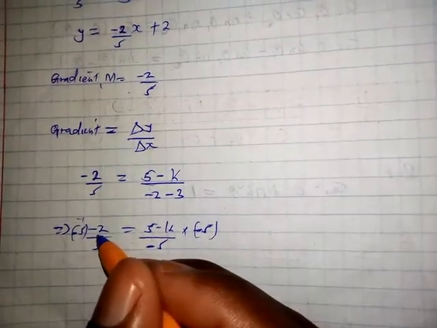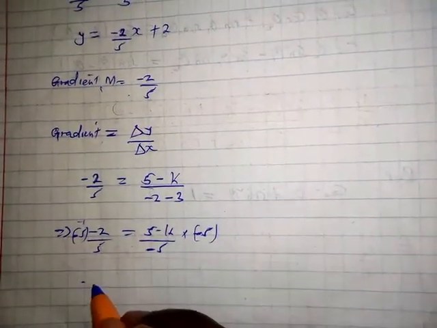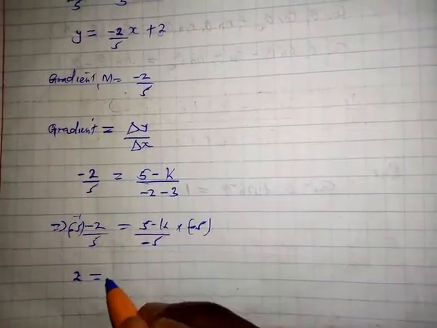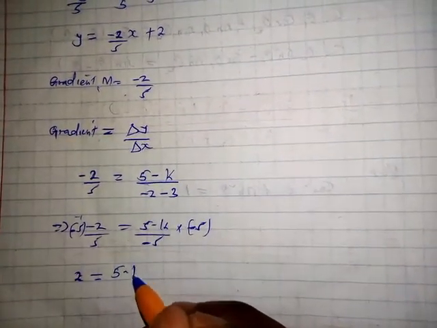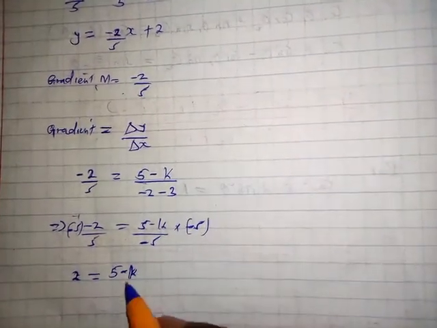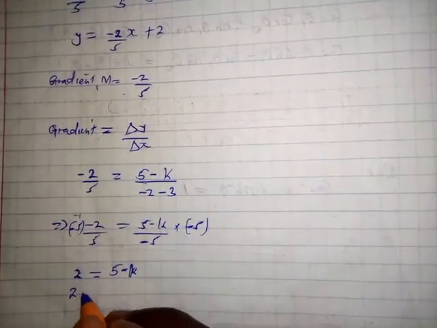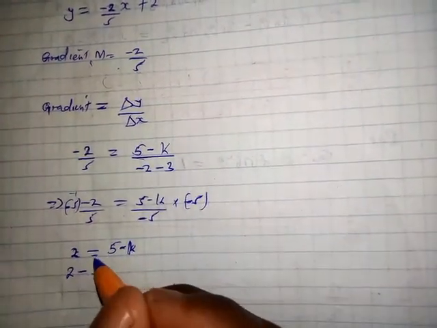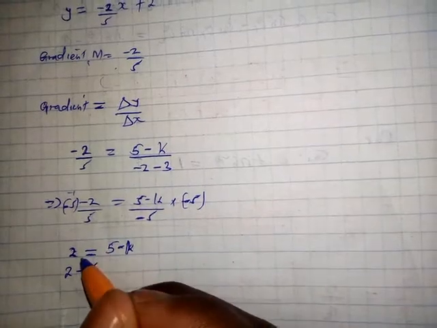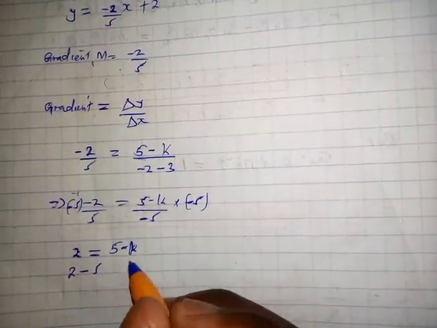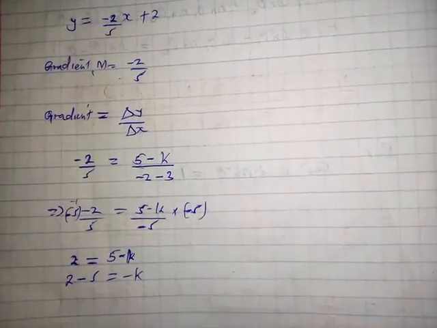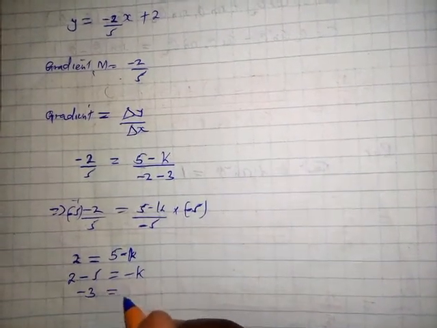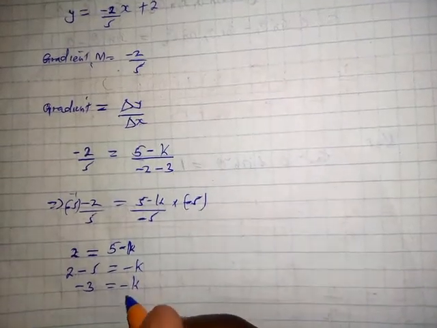Negative 1 times negative 2 is positive 2, is equals to this, and this goes, we remain with 5 minus k. Collecting like terms, it's 2 minus 5. Since here is positive, when it crosses the equal sign, it becomes negative. So it is 2 minus 5 is equals to negative k. We have negative 3 is equals to negative k.